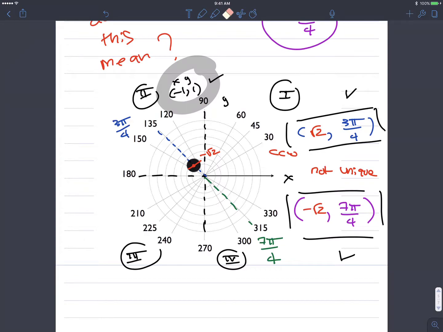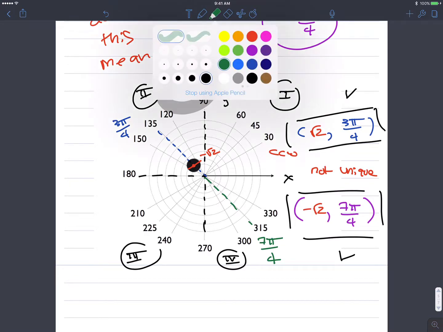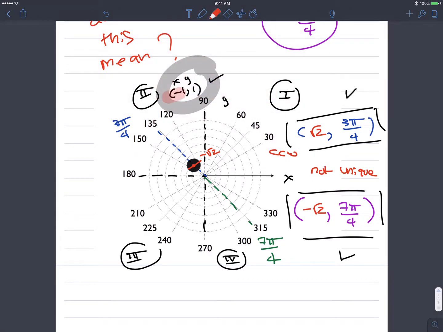Let me remind you, when you plot the rectangular coordinates -1, 1, that is the only location of a solution. -1, 1 is very clearly in quadrant 2.